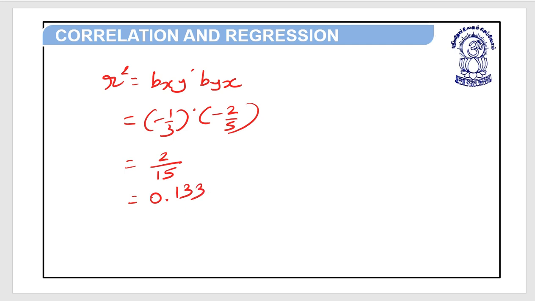Okay. So here r square is less than or equal to 1. So mod r is less than or equal to 1.